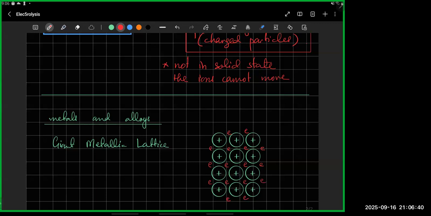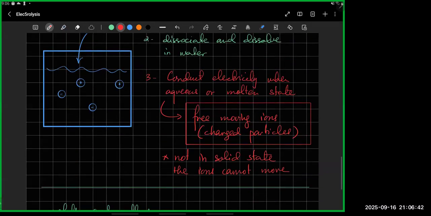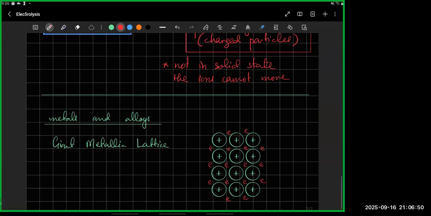Now you need to understand the difference. In ionic compounds, electricity is conducted by ions, charged particles that are floating around. While if you have metals, you have a giant metallic lattice. Just for revision, we'll write down the definition again. What is it?